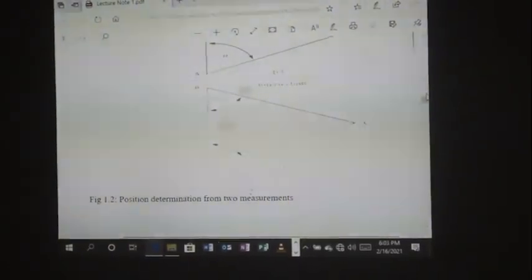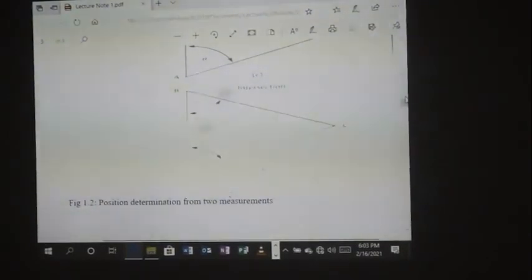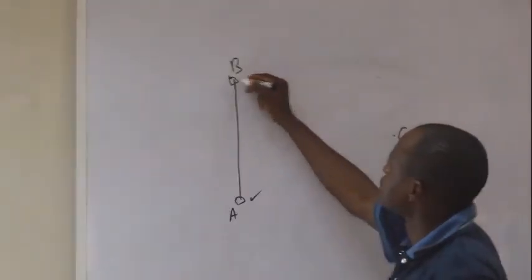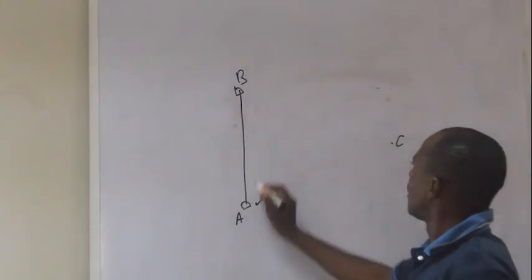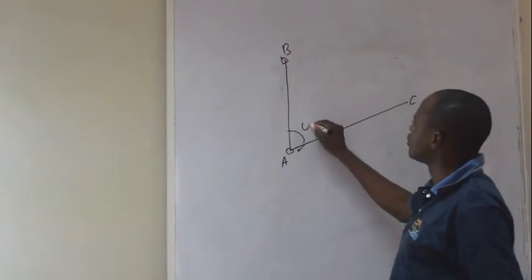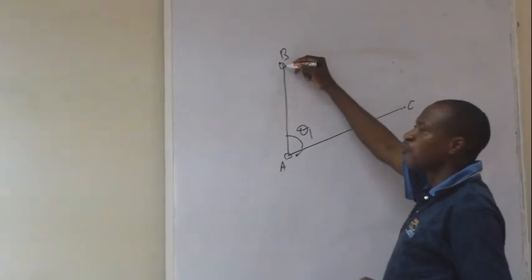In intersection, you just measure angular quantities. Let me make the other diagram here. By intersection, you also have the points A and B known. You don't know C. A is known, B is known, but you don't know C. By intersection, you observe this angular measurement, call it θ1. From this reference, you set your equipment here.